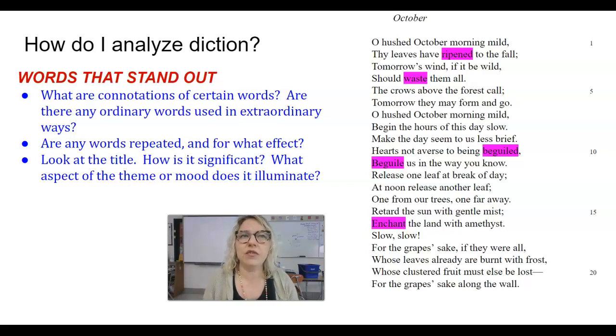makes the leaves feel like they are something that can be used and even enjoyed or savored, much like a fruit that has ripened can be enjoyed and savored. And the idea of these leaves being wasted in line 4 is similar to how you might waste ripened fruit.